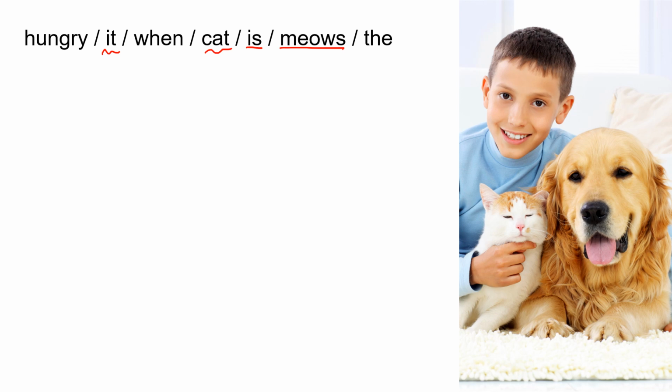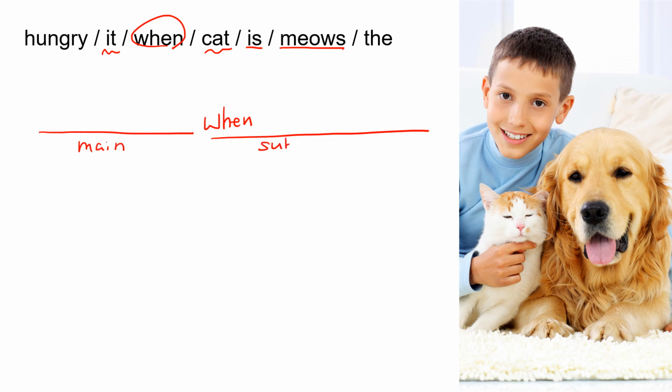So here, because of when, we can put when here, and this is going to be the main clause and this is going to be the subordinate clause, or independent, dependent. So we need 2 subjects, we need 2 verbs.